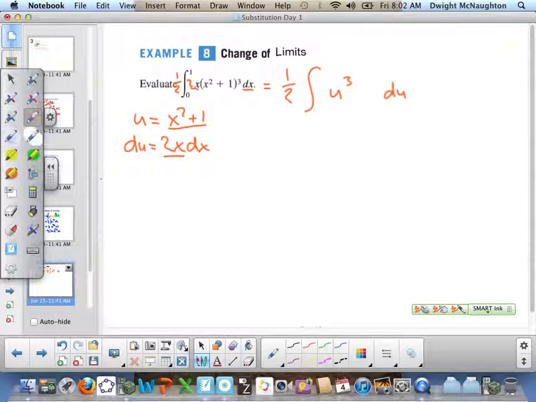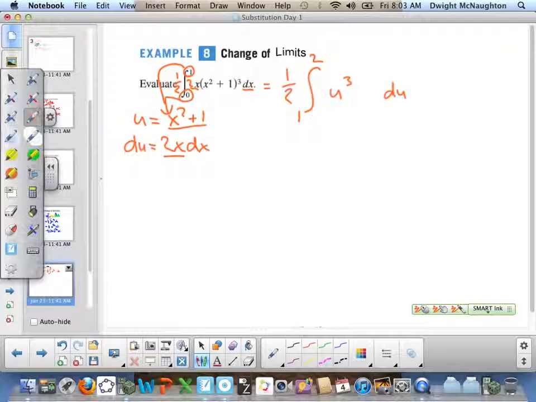So I'll take this 0 right here, my lower limit, and substitute that into my u expression. 0 squared plus 1 is 1. So my new lower limit in terms of u is 1. My new upper limit, when I stick 1 into my substitution expression, 1 squared plus 1 is 2. My new upper limit in terms of u is 2.